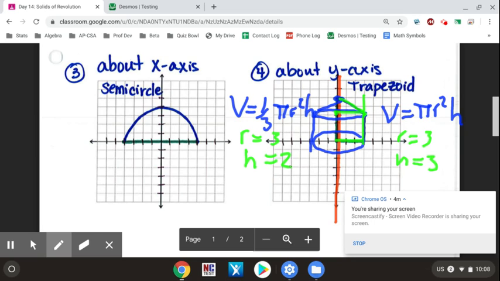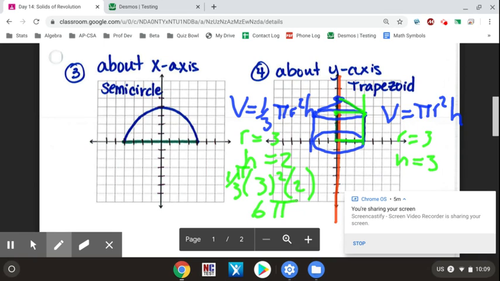So I'm going to find the volume of each of these shapes separately. For my cone, it's 1/3 pi r squared h, which is 1/3 pi times 9 times 2. 1/3 of 9 is 3, times 2 is 6, so 6 pi.